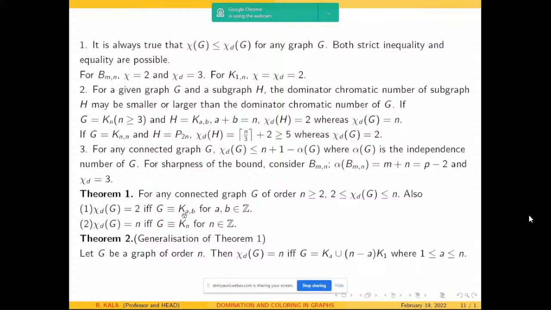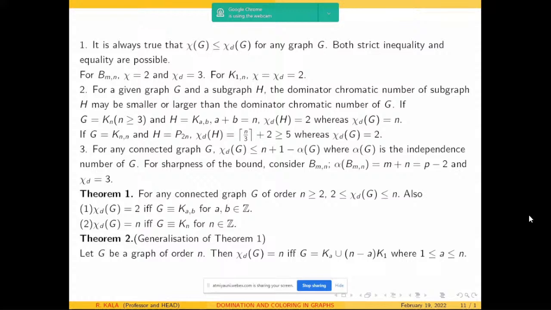Now I want to show that if chi d is 2, the graph is K a comma b. Suppose the color classes are V1 and V2. If either the cardinality of V1 is 1 or the cardinality of V2 is 1, then the vertex in the color class V1 should be adjacent to all the vertices, and that is taken care of by itself. And all the vertices in V2 should be adjacent to this color class.